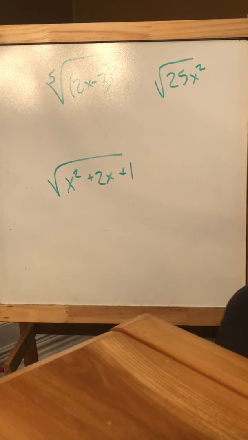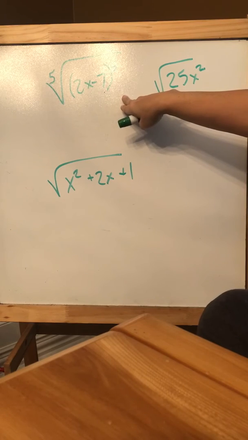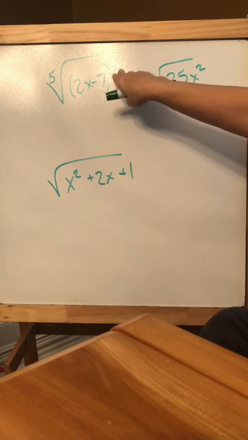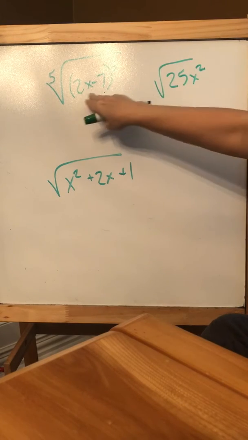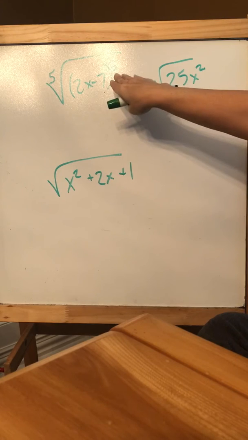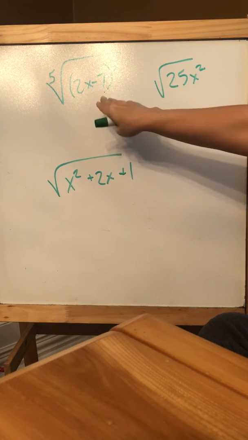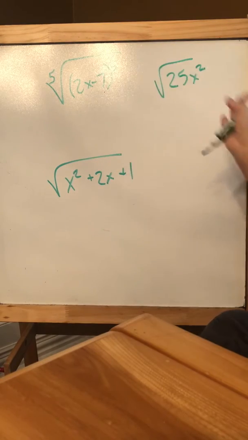Okay. All right, so let's do this one up here first. Okay, again, we have an odd root here. So whatever we are taking to the 5th, it's going to have a different value if it's positive or negative. It's not like it's an even value.